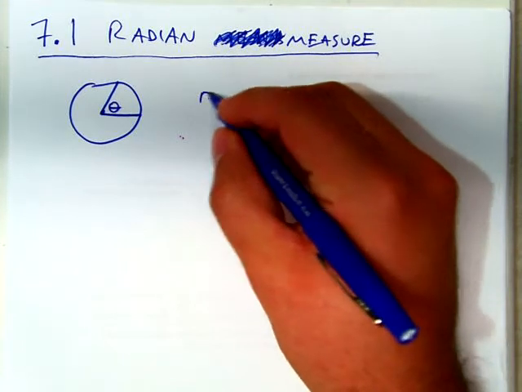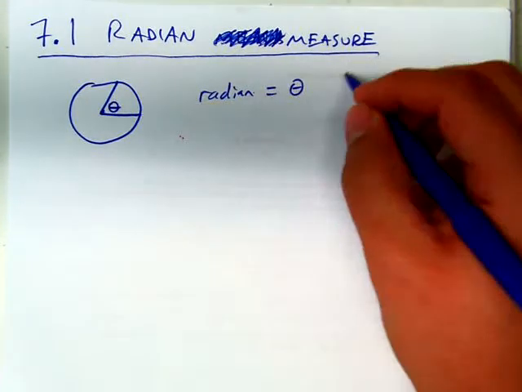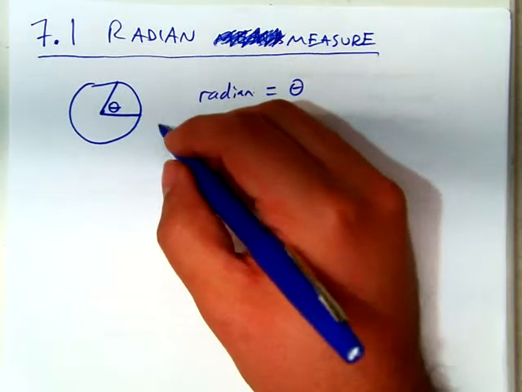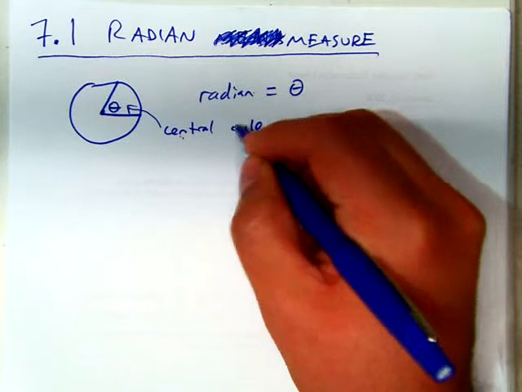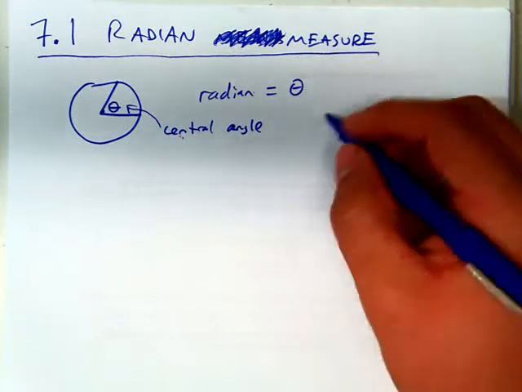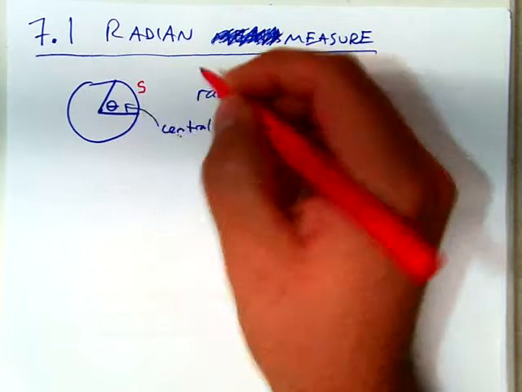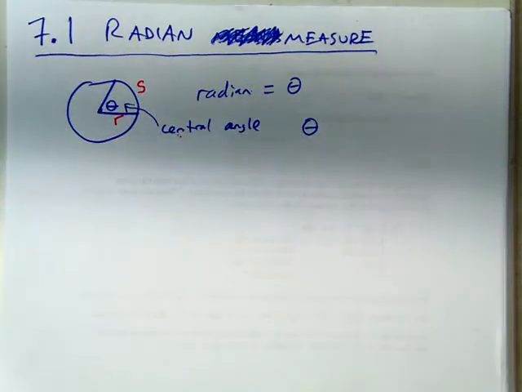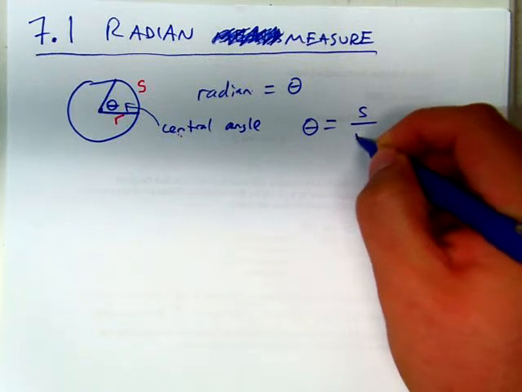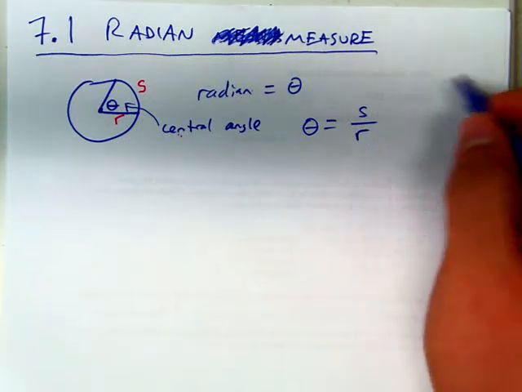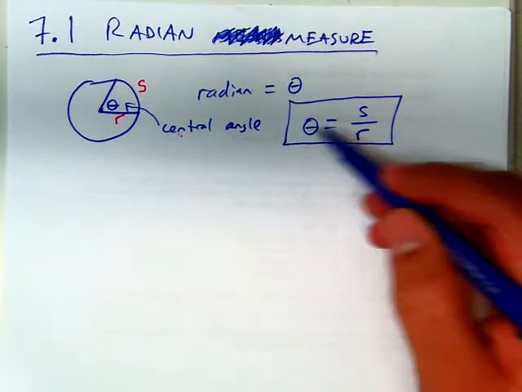The definition for a radian, which is the measure of this central angle, is to simply take the arc length, which we're going to call S, and then divide that by the radius. Okay? So this is the definition for a radian angle.